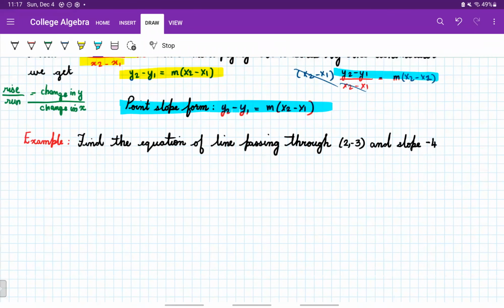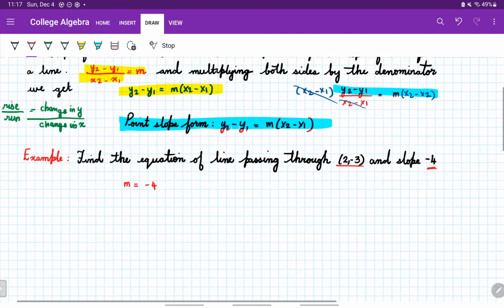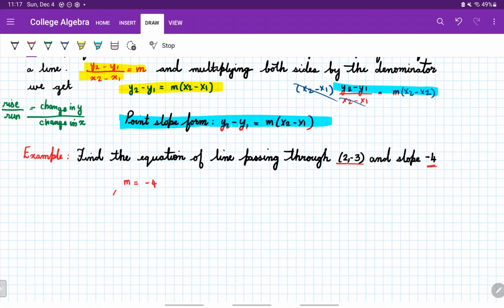Okay, so the first question here is: find the equation of the line that is passing through (2, -3) and has a slope of -4. So here we are given m, which is our slope, as -4, and we are given x1, y1 as (2, -3).